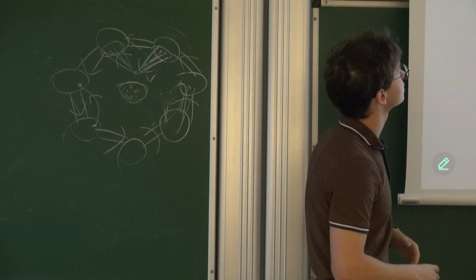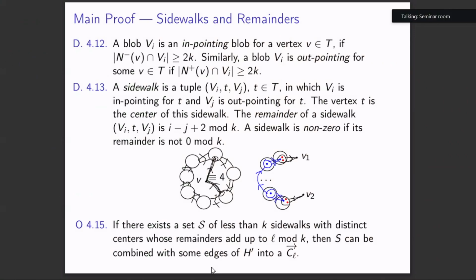And basically, a sidewalk is a tuple: an in-pointing blob, a vertex in the center, and an out-pointing blob.